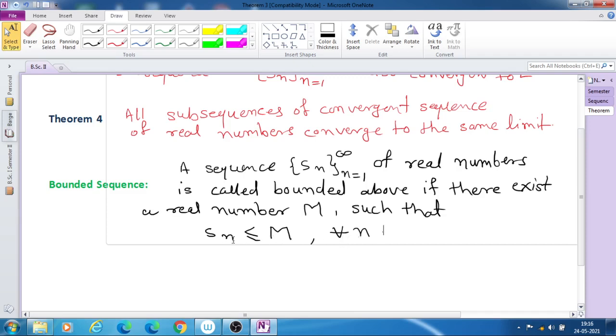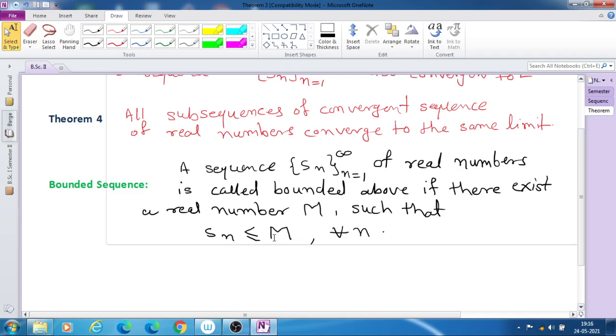That means every term S1, S2 and so on is less than or equal to M. That means M is an upper bound of all the terms of the sequence Sn.